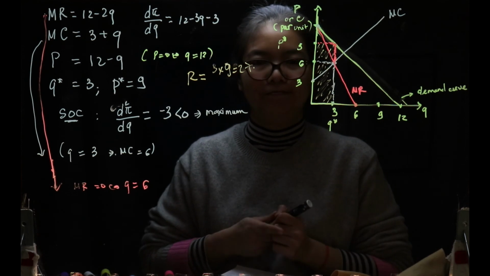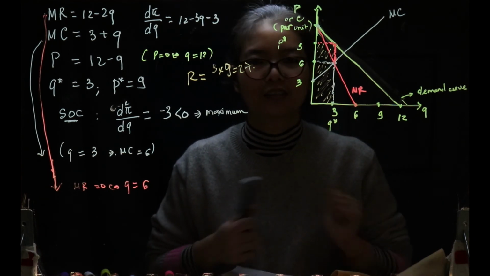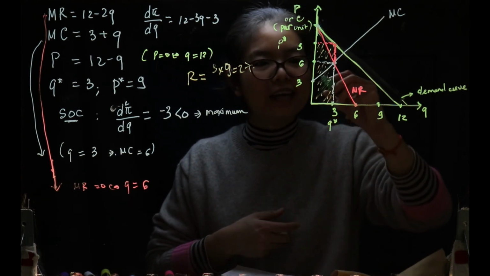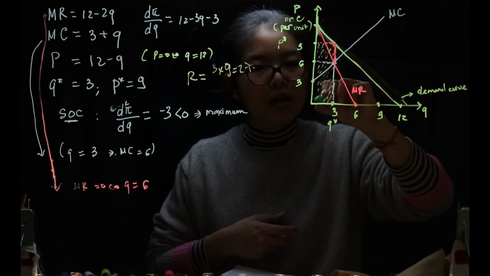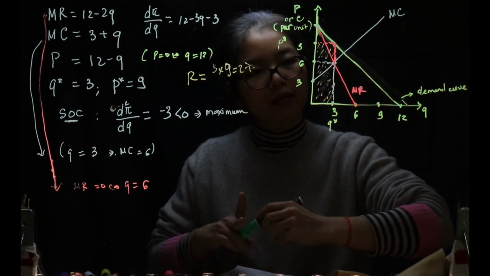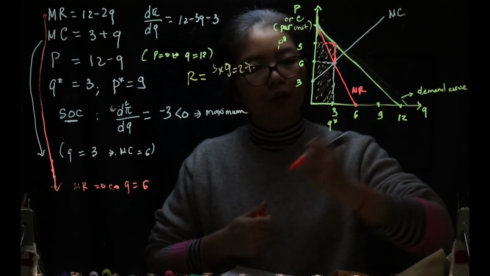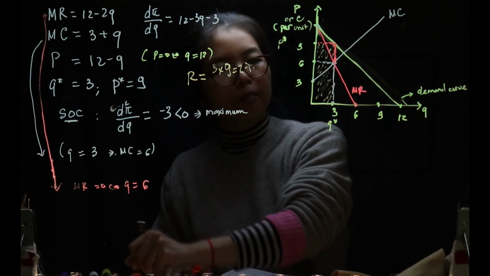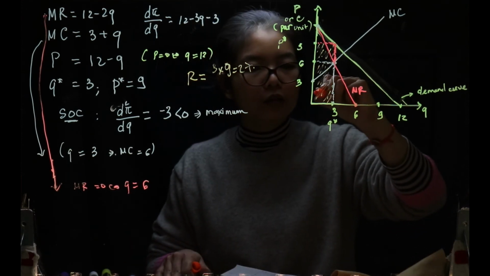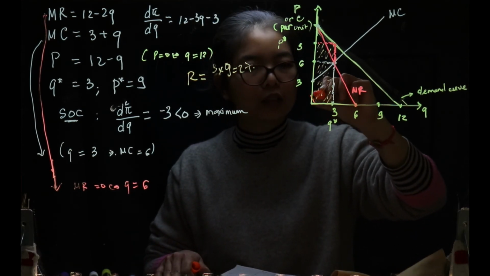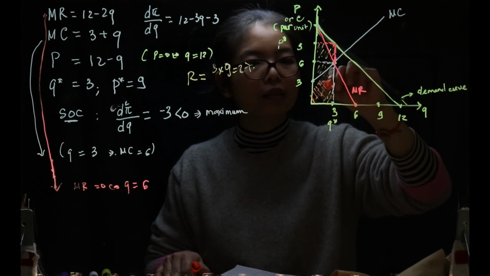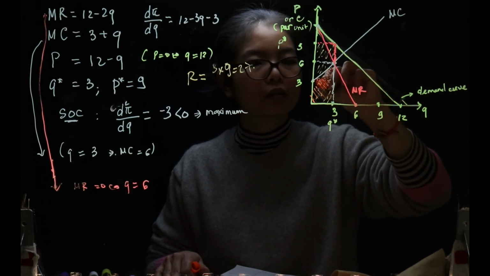What would you get? You get a cost, right? And this is the area below that marginal cost curve until Q star. So that is some cost, right?